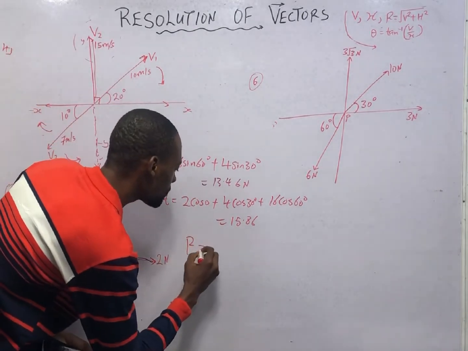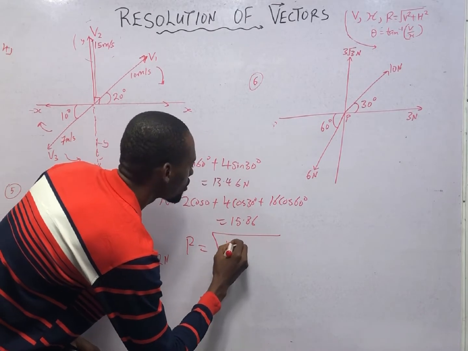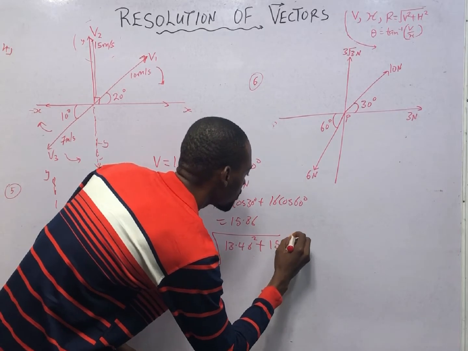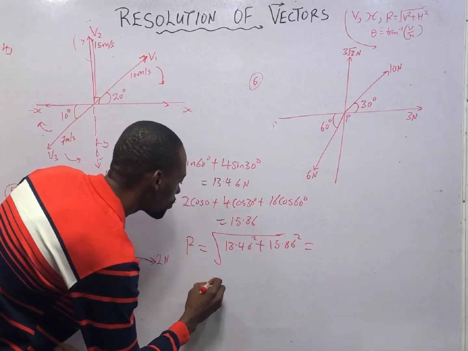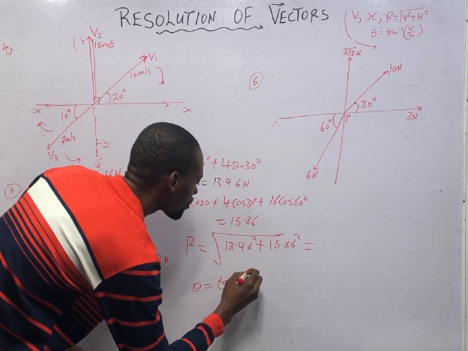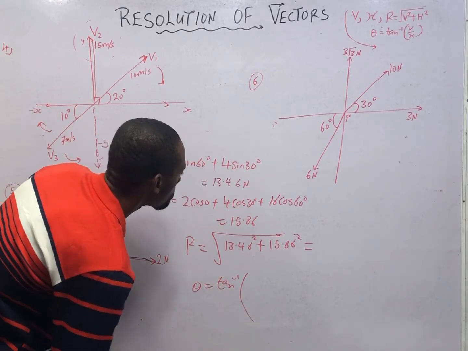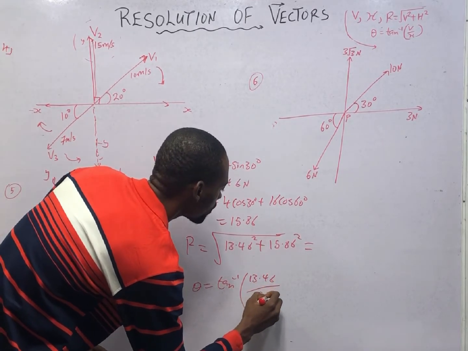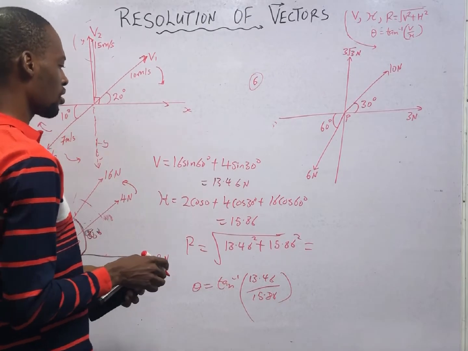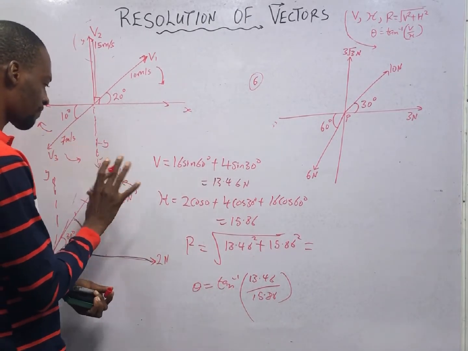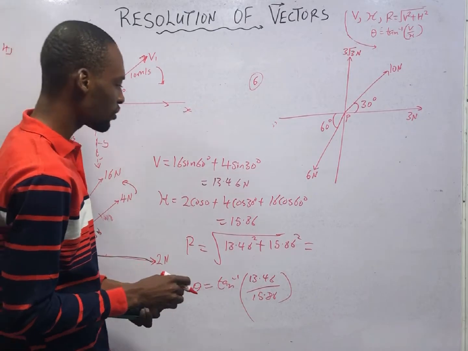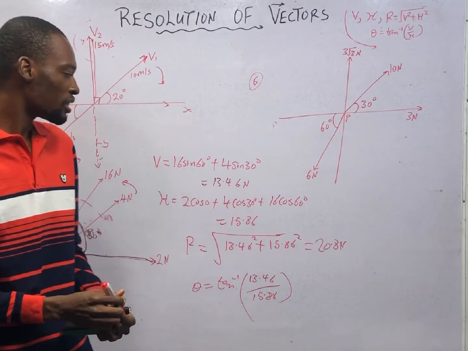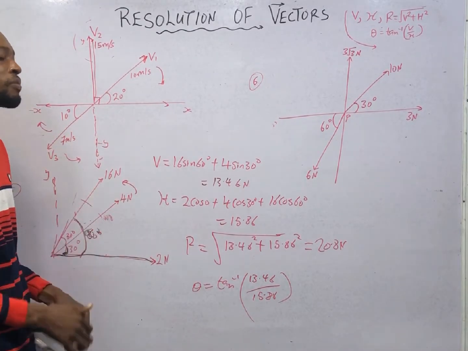The resultant will simply be equals the square root of 13.46 squared plus 15.86 squared. And the angle or the direction is equals tan inverse of 13.46 over 15.86. In this case, we are asked to look for just the magnitude, and that should give you 20.8 Newton. So ladies and gentlemen, the magnitude of this vector is 20.8 Newton.